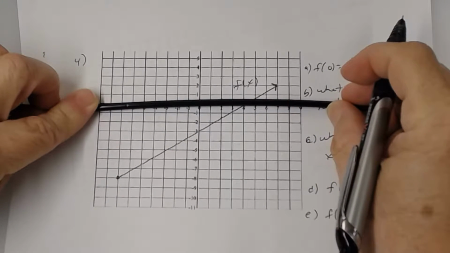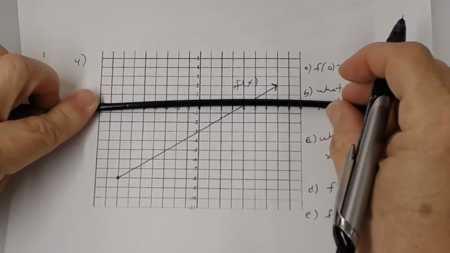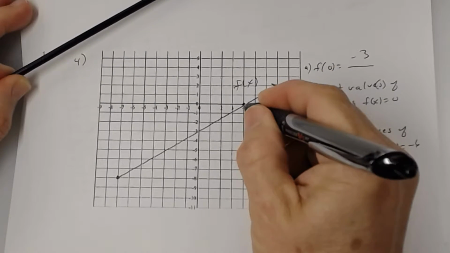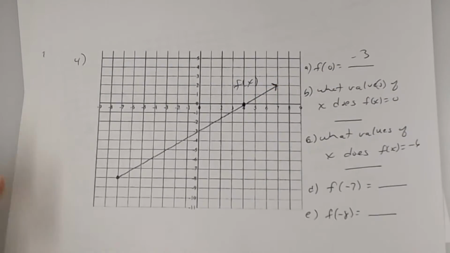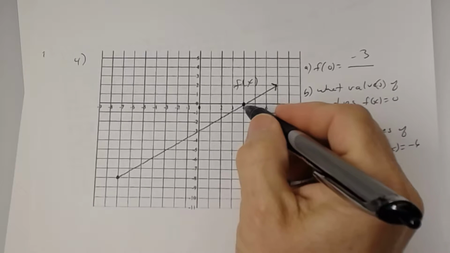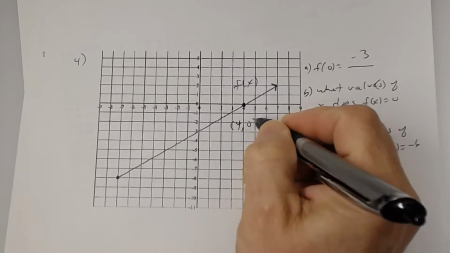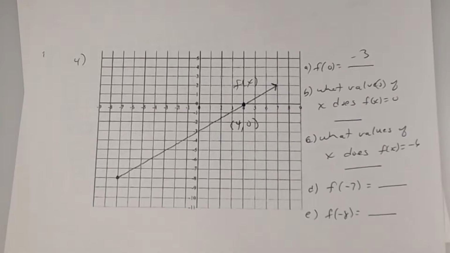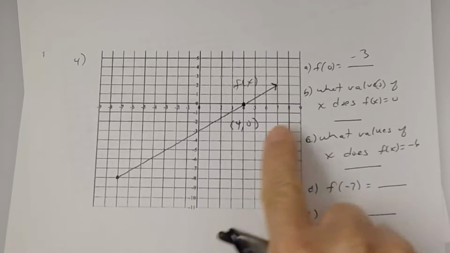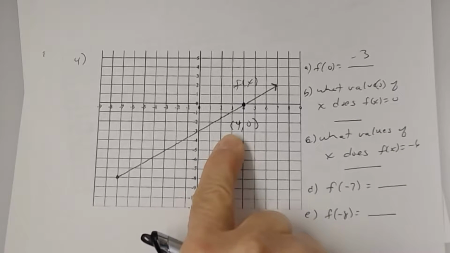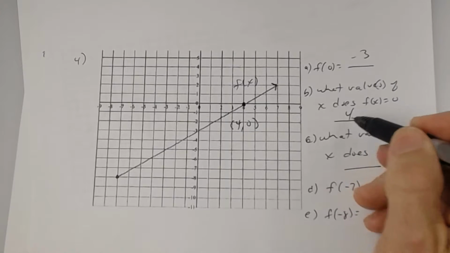That's along the x-axis. So that's this point here. And again, it helps if you find the point and you list the coordinates. If I put a dot on this point here, the coordinates of that point are 4, 0. So that's the one I want because what's y? 0. What's that x value? 4. So I'll put 4 in the blank.